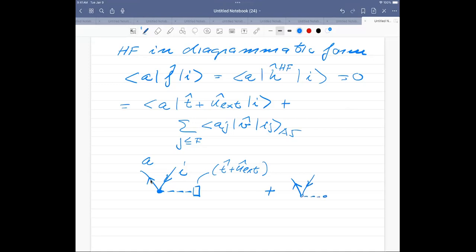But since we are summing over the states below the Fermi level, I replace this one with a bubble, or a loop, with a hole line. And this is the first term.